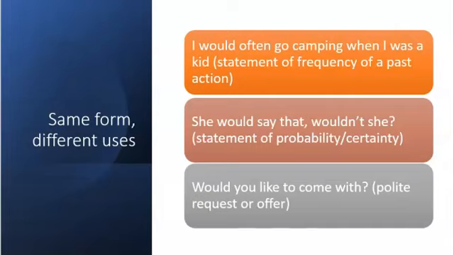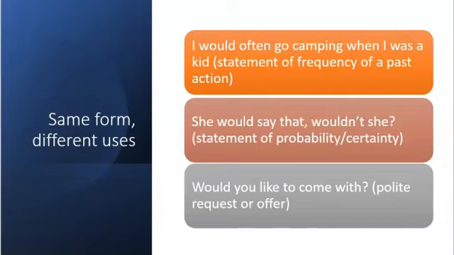Here it's basically probability or certainty. Basically what you're saying is she's like that, right? She would say that, wouldn't she? And the third one, would you like to come with? It's a polite request or an offer, but you notice that the tricky thing in English is that it's 3 different meanings with that same modal verb, would.